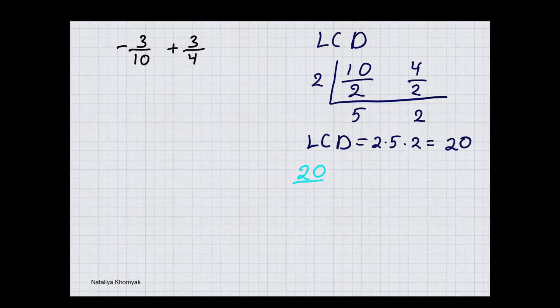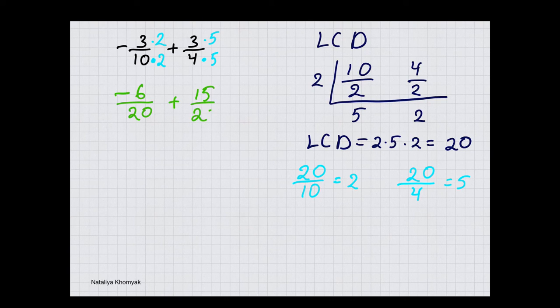20 divided by 10 will give us 2. So we want to multiply top and bottom by 2. 20 divided by 4 gives us 5. We want to multiply this fraction top and bottom by 5. So we get negative 6 out of 20 plus 15 out of 20.